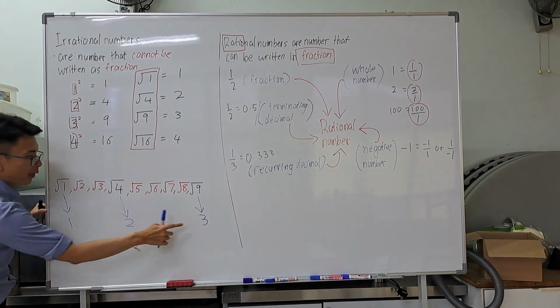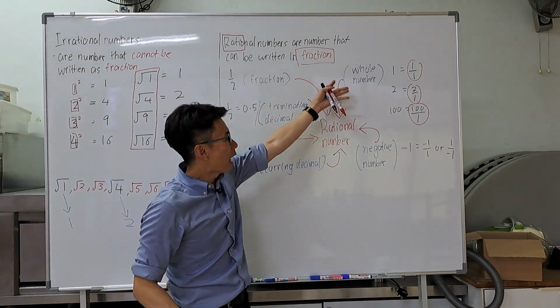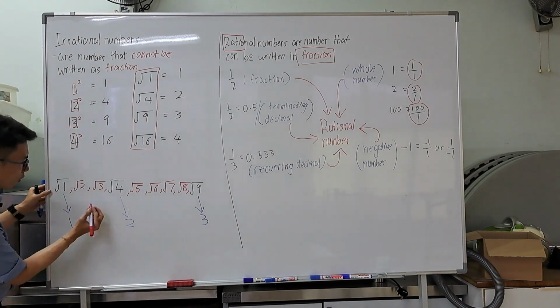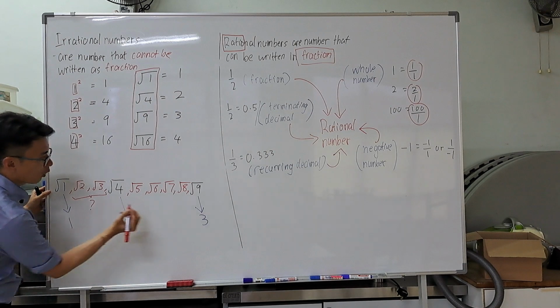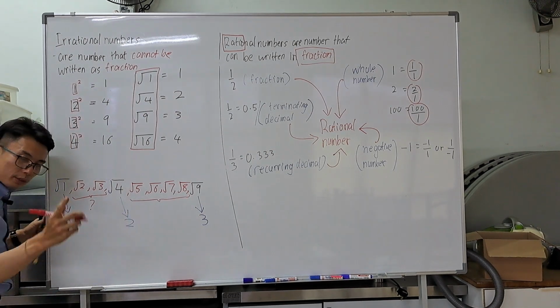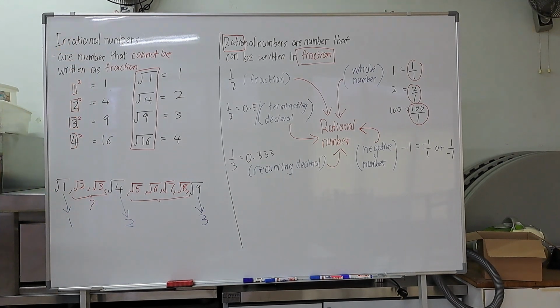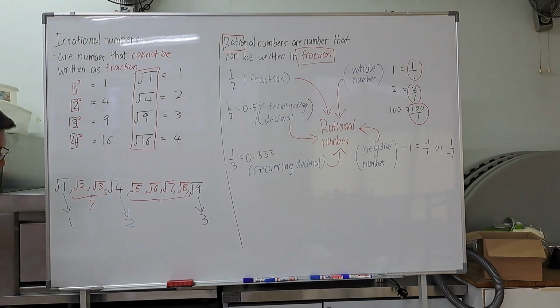So these are my whole numbers, and we can see from here that whole numbers are part of rational numbers. But what do we call these numbers over here? These are what we call irrational numbers, numbers that cannot be expressed or written as a fraction.